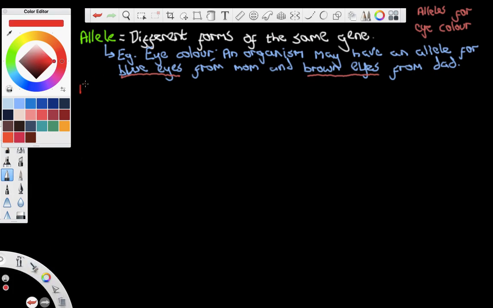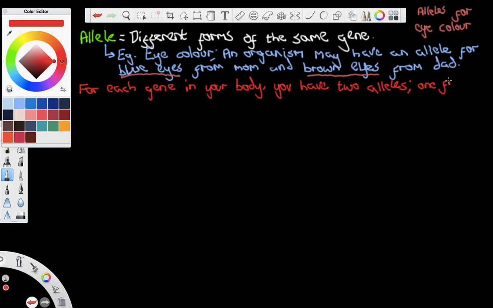We can say for each gene in an organism, or we'll put in your body, you have two alleles; one from mum and one from dad.